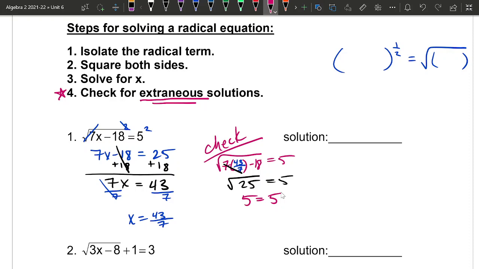We're just dealing with the positive version this time. Does 5 equal 5? Yes, it does. And you only have to check as far as until you recognize it's true. If you saw square root of 25 equals 5, you could have said, yes, that's true right there. You don't have to get it down to a number equals a number, because it's just a check. So since it did check, my answer is x equals 43 over 7.